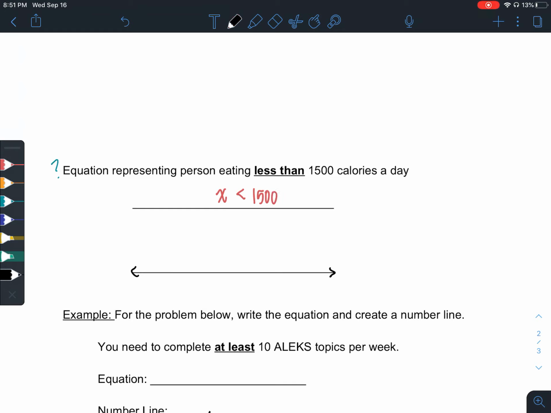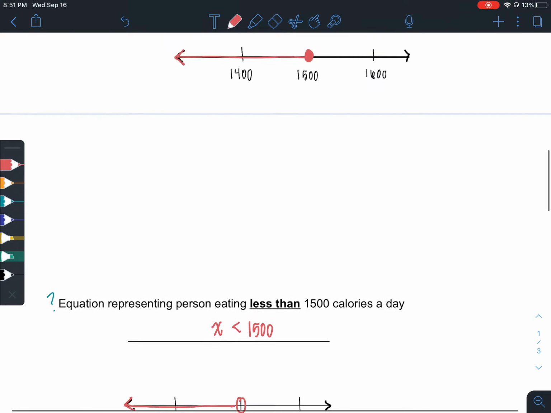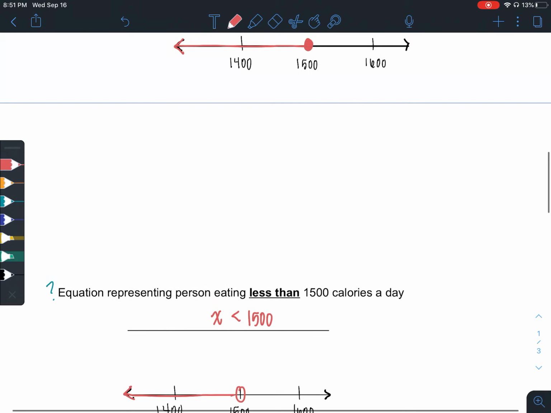All right, and in the same way, say 1,400, 1,500, and 1,600. So then an open circle pointing to the left. It's very similar. The only difference is this one has a filled in dot and this one does not.